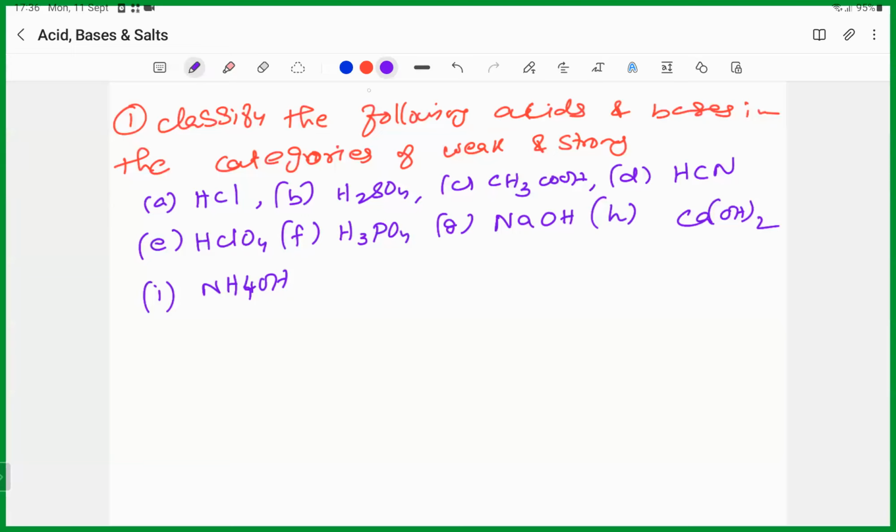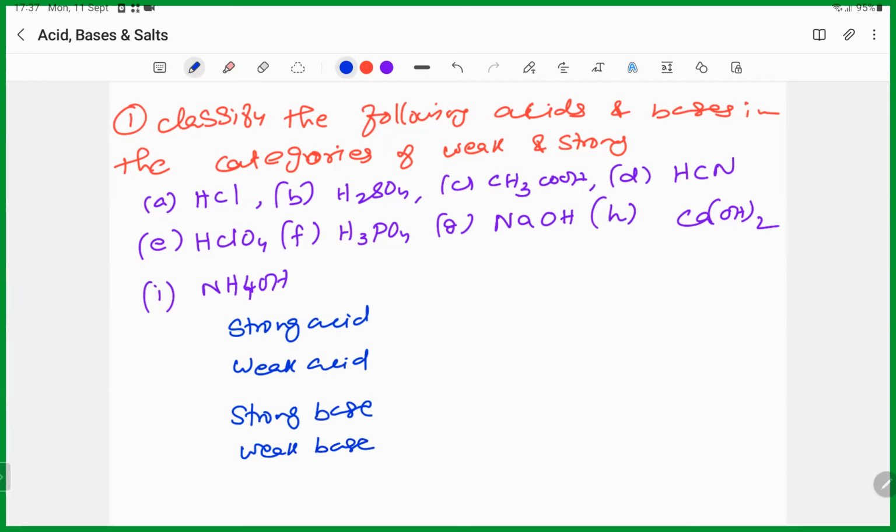So first I will write strong acid, and then weak acid, then strong base, and then weak base. Tell me, strong acid enna? HCl, H2SO4.